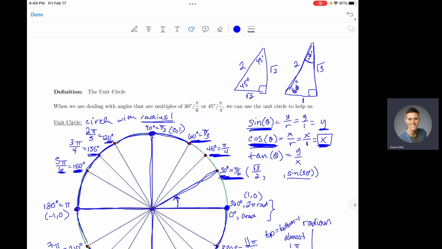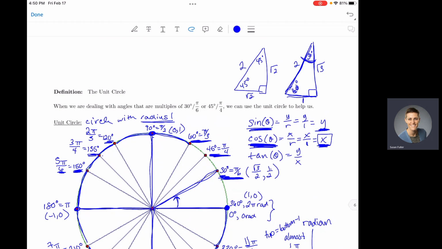The y coordinate is going to be the sine of 30 degrees. So again, I'm going to look up here at my 30-degree angle. The sine of 30 degrees is opposite, which is 1, over the hypotenuse, which is 2. The sine of 30 degrees is 1/2.